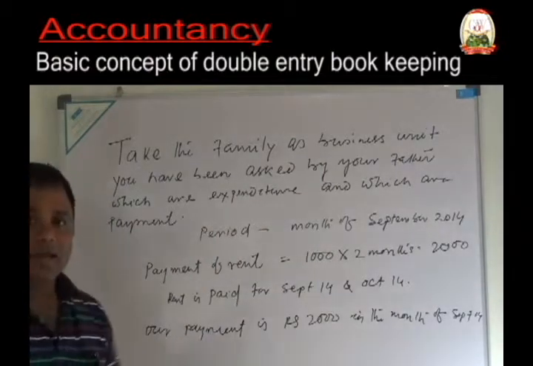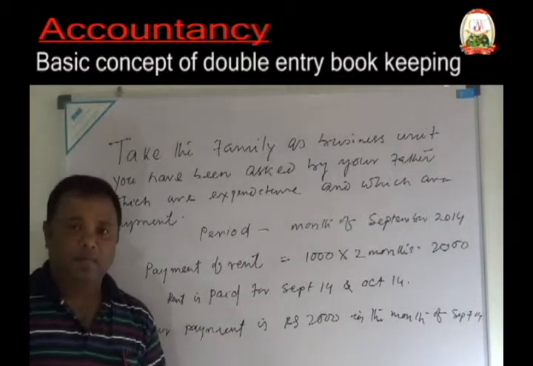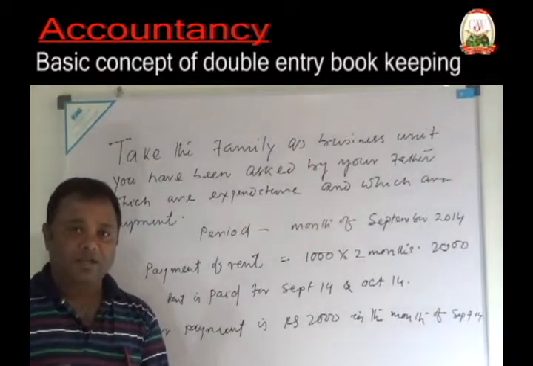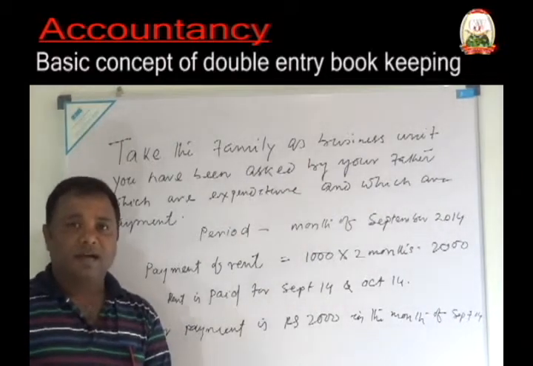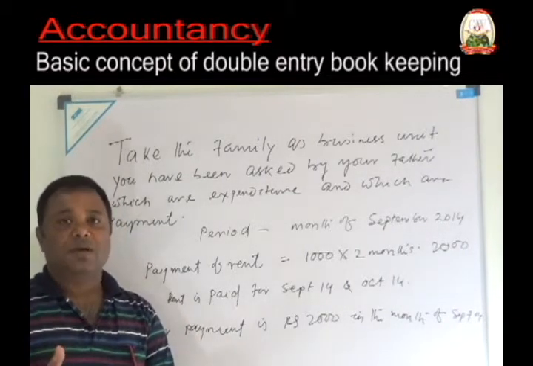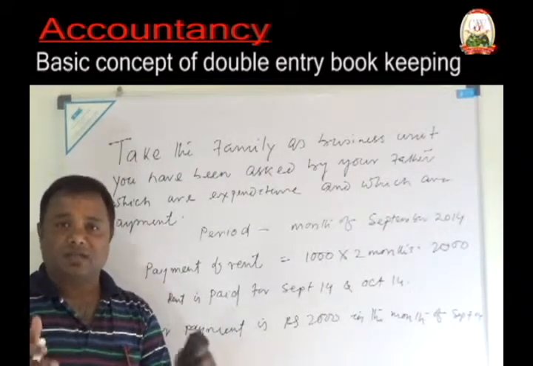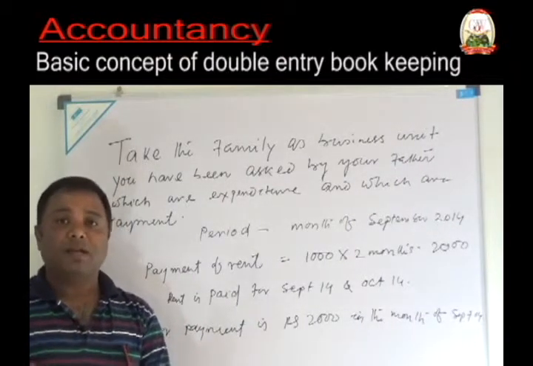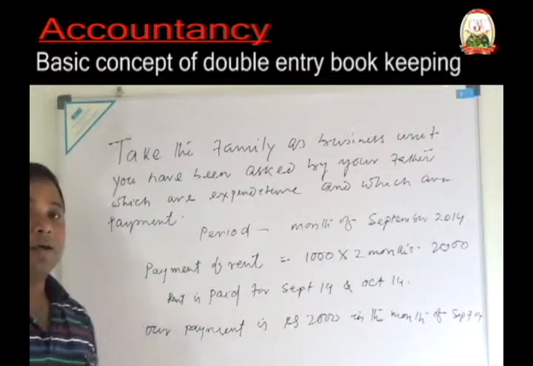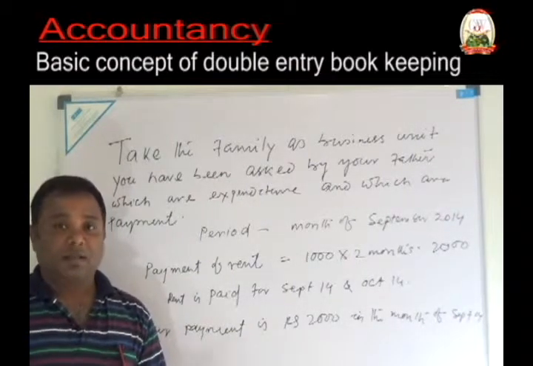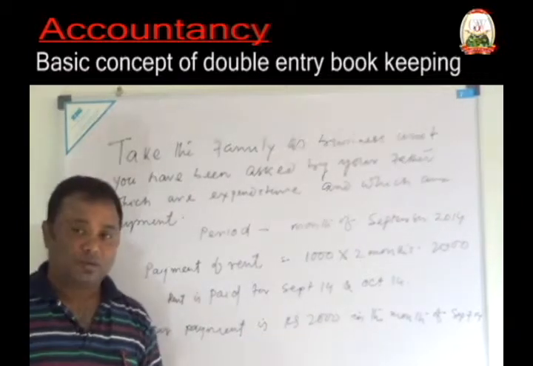It is very clear, irrespective of the month. In the month of September, whatever amount you have paid, that is called payment. Disregarding the number of months, you focus on a particular month, that is September. In the month of September, you have paid the rent amounting to rupees 2000. Now you have been asked what is the expenditure. The payment part is rupees 2000.